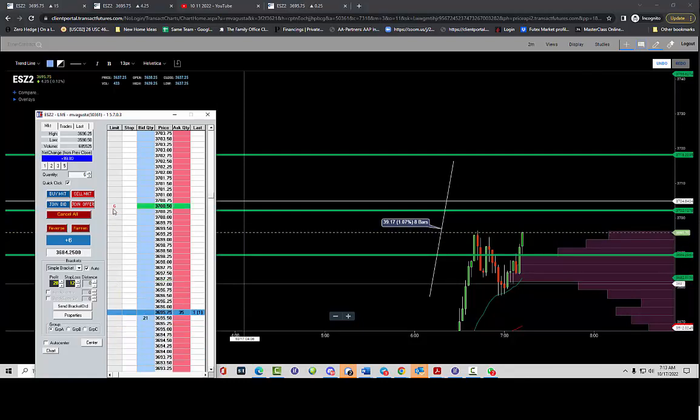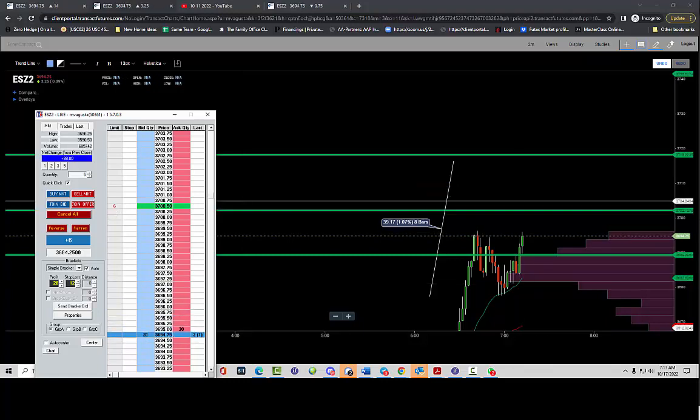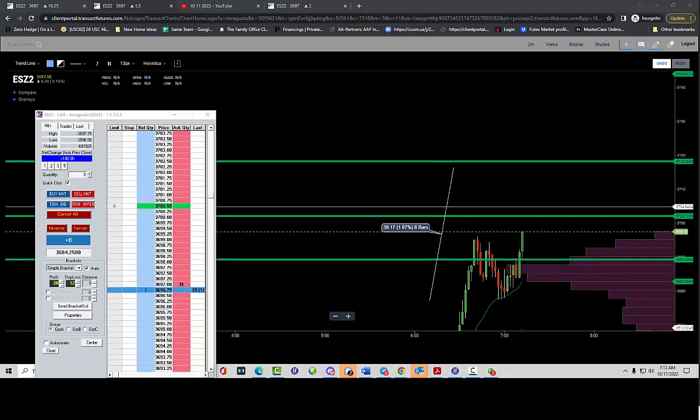But this is where you need to concentrate the majority of your analysis if you're intraday trading, because it is the most current and pertinent information for you to trade off of.